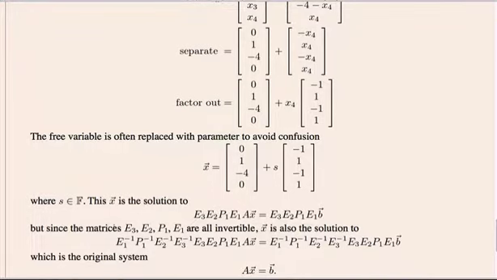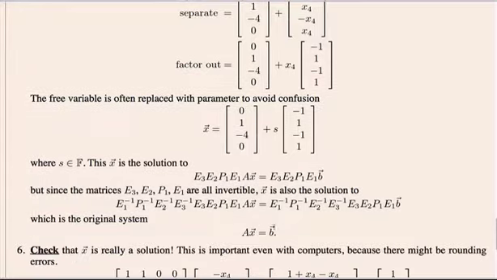But all these matrices are actually invertible. So that means that if you start multiplying from the left with the inverses of these matrices, then all these cancel out and we get back the original system AX equals B. That shows that the solution of this upper echelon system is equivalent to the solution of the original system.